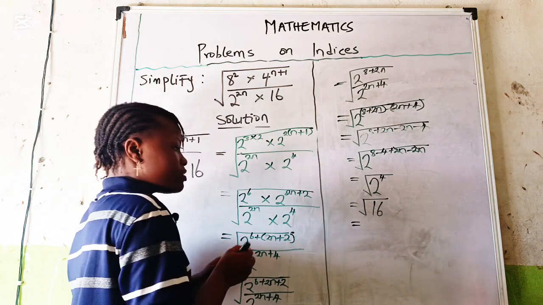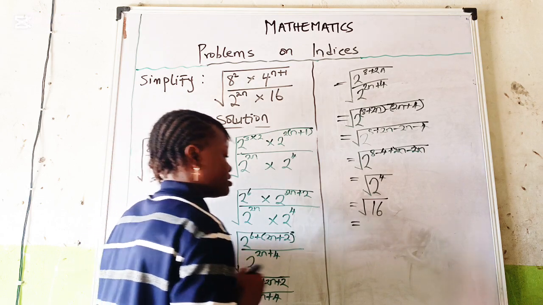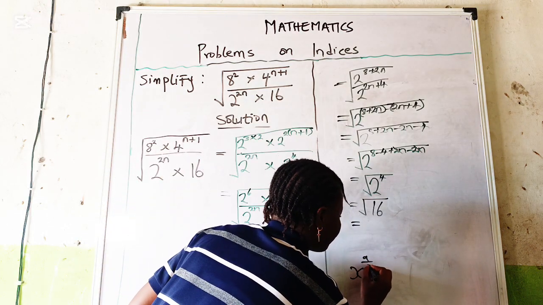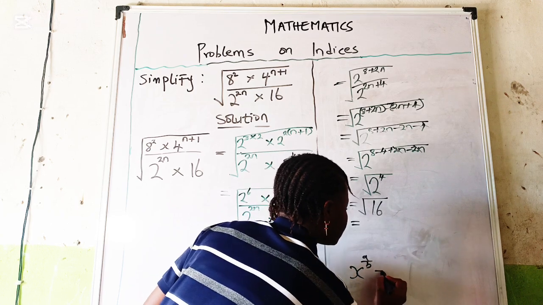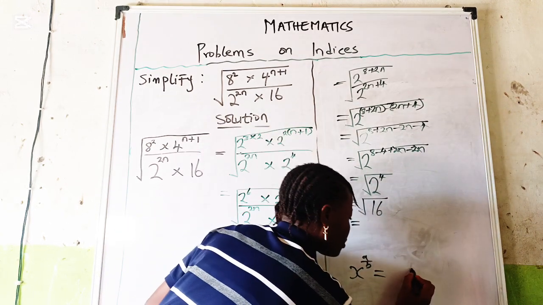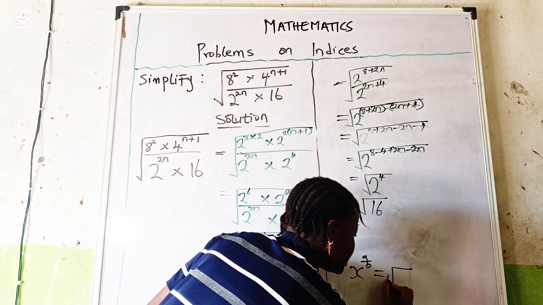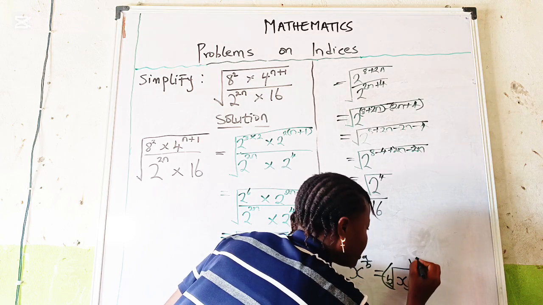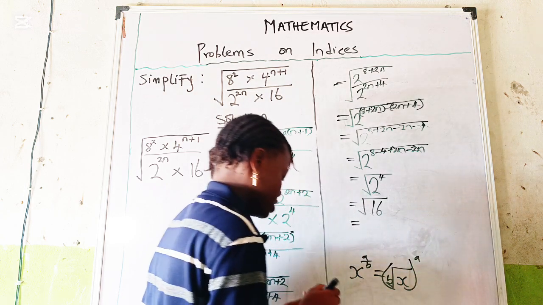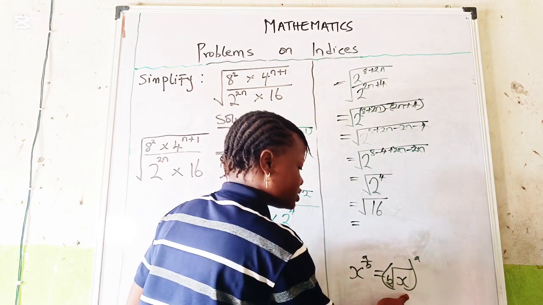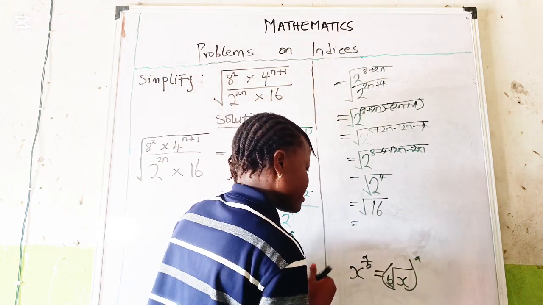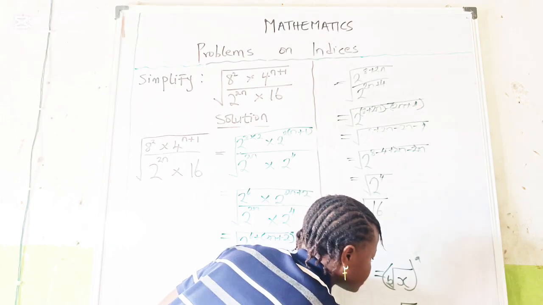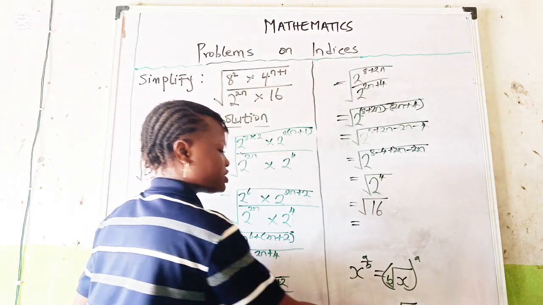Then here, remember there's a law that says x raised to power a over b is equals to the b root of x raised to power a. The reason why it's the b root is because b is here. If it's the cube root of x, it is because 3 is here.